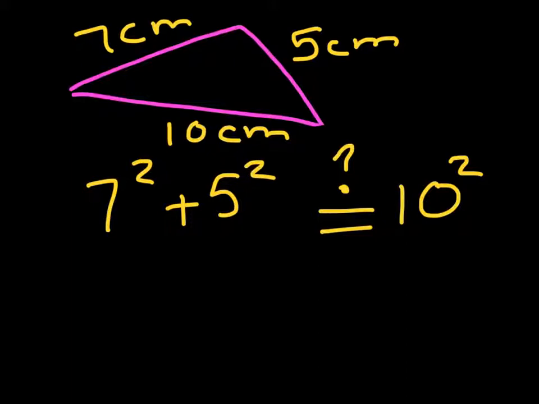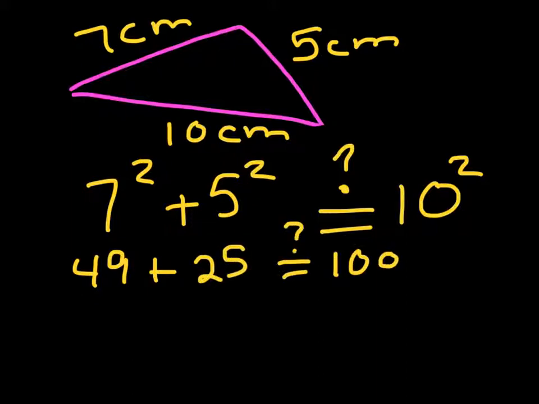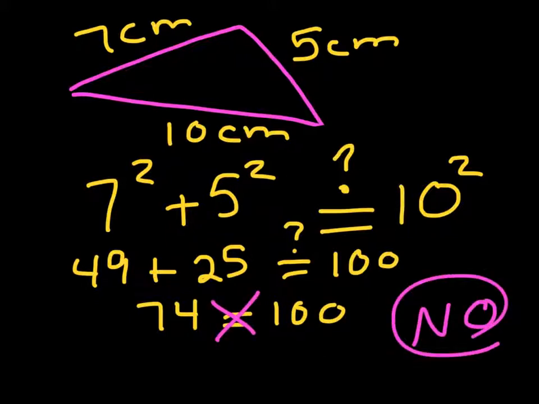So I just need to figure that out. 7 squared is 49, 5 squared is 25, 10 squared is 100. Again, I'm trying to decide. 49 plus 25 is going to be, let's see, 49 plus 20 is 69, plus 5 is 74. And that does not equal 100, so I would say no, not a right triangle.